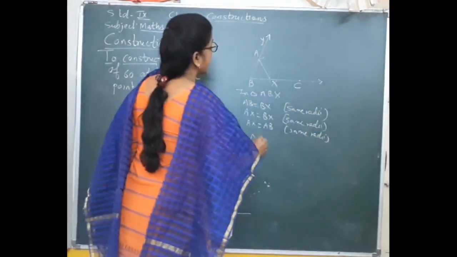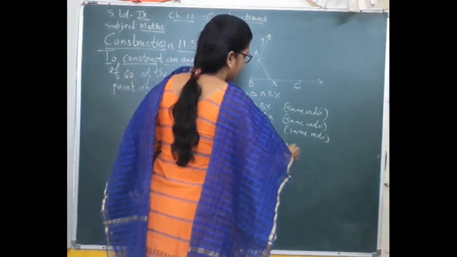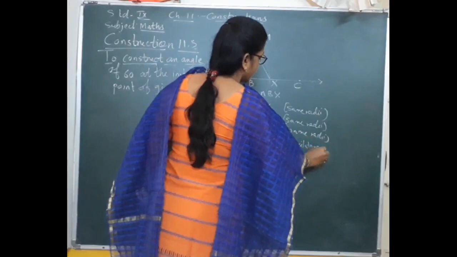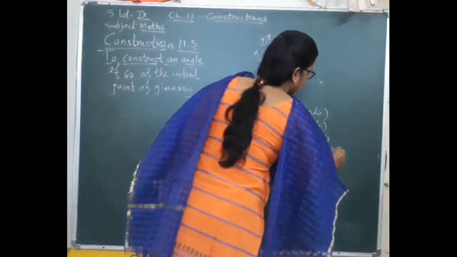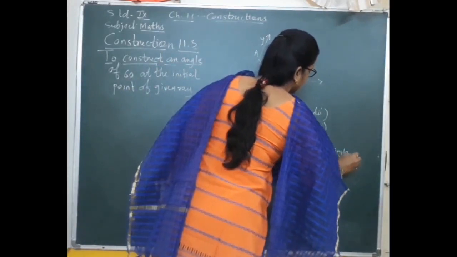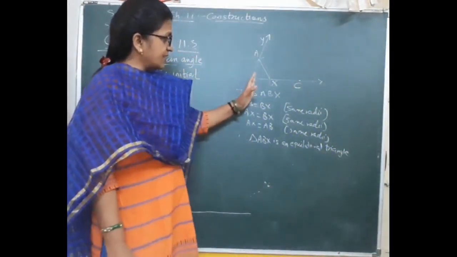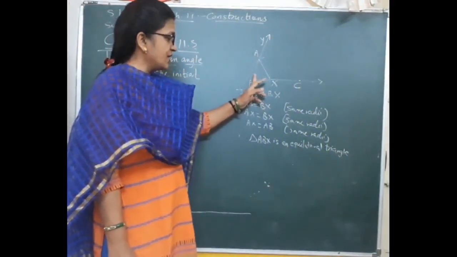Therefore, triangle ABX is an equilateral triangle. All sides are congruent, and therefore, as all the three sides are congruent, all the three angles are also congruent. So the measure of angle ABX is equal to 60.